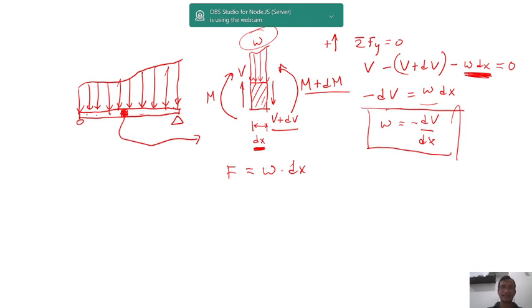There will be a slight difference between the internal force on the right and the internal force on the left, and likewise for the internal moment. That's why on the right, I assume it as V plus dV, and for the moment, I assume it as M plus dM, and on the left is just V and M. Just that.